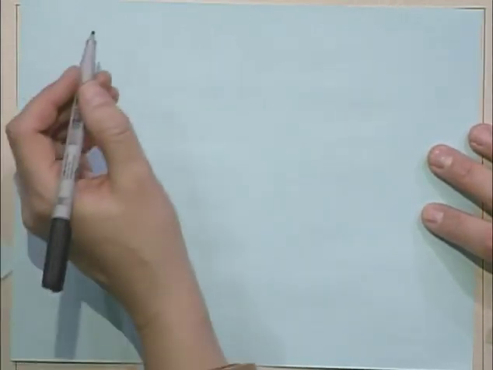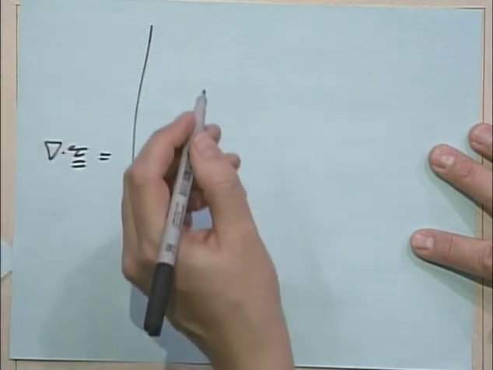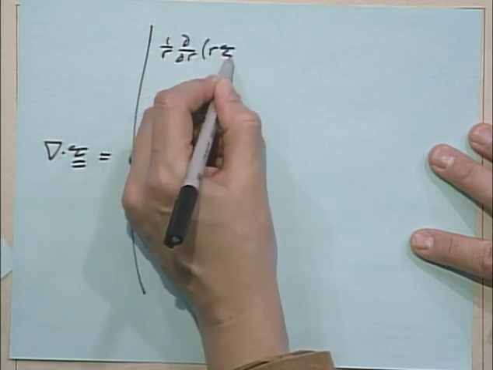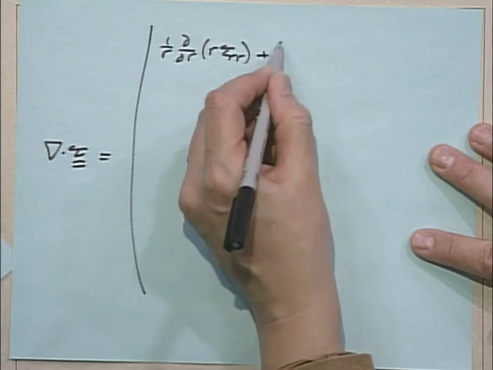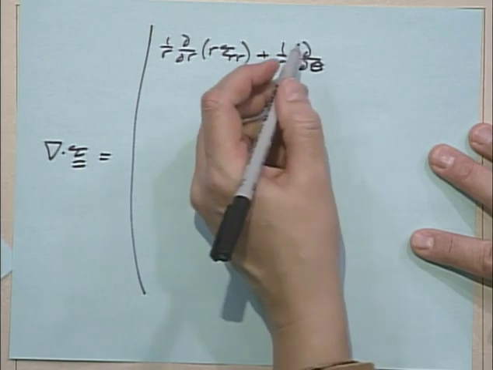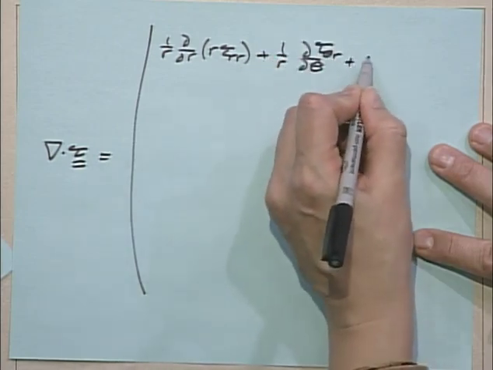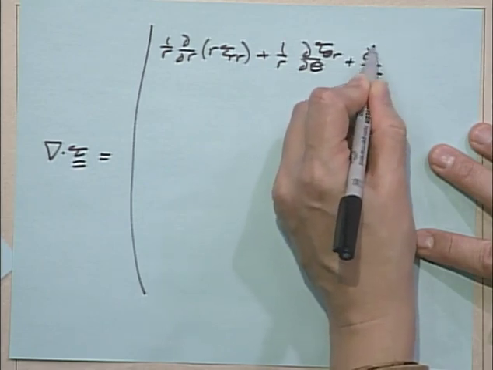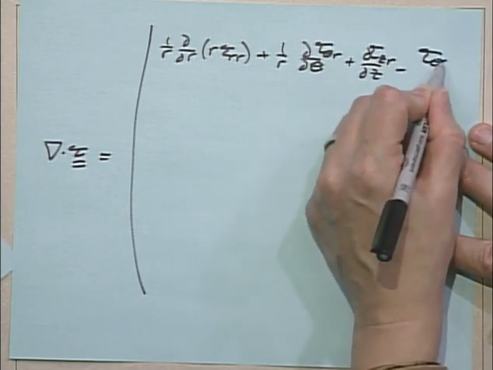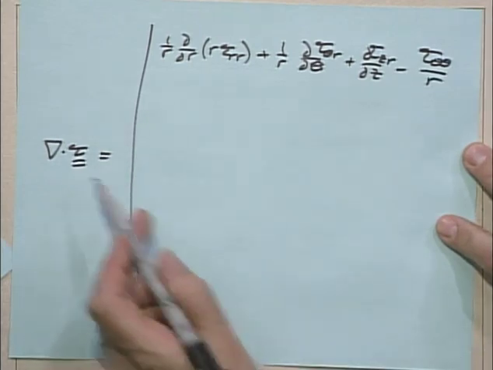So this is a vector, del dot tau equals 1 over r d by dr of r tau rr plus 1 over r d by d theta of tau theta r plus d by dz of tau zr minus tau theta theta over r. That's all the r component of del dot tau.